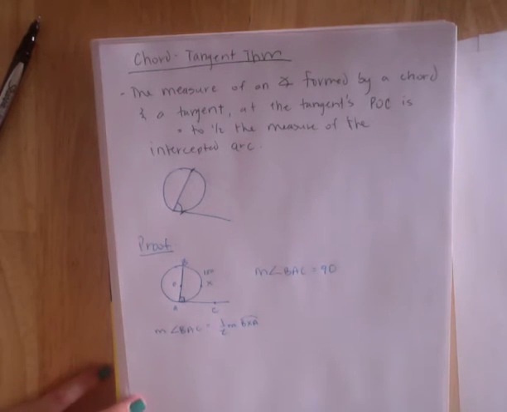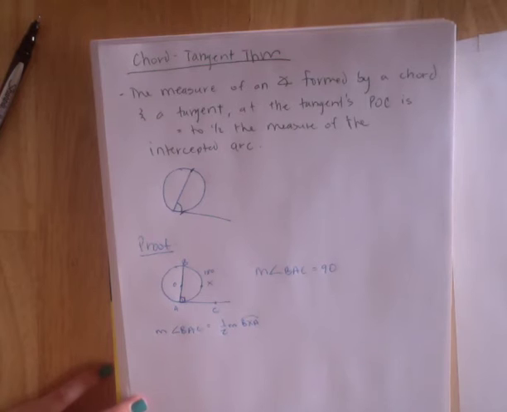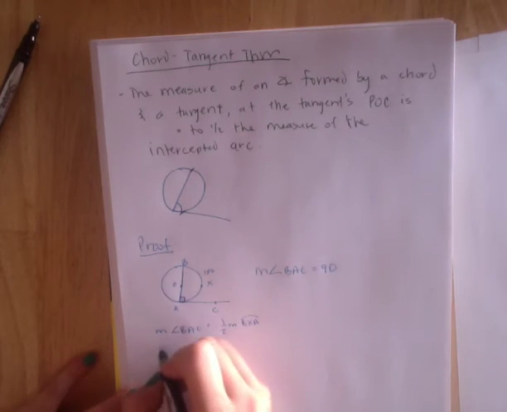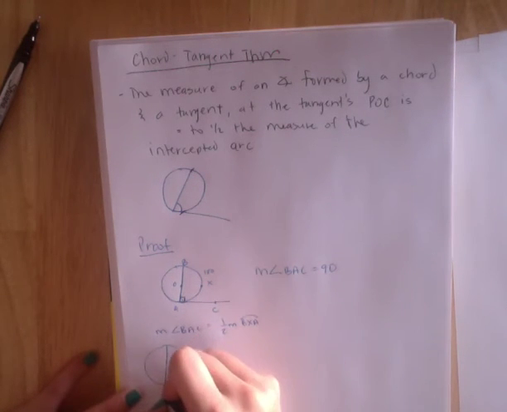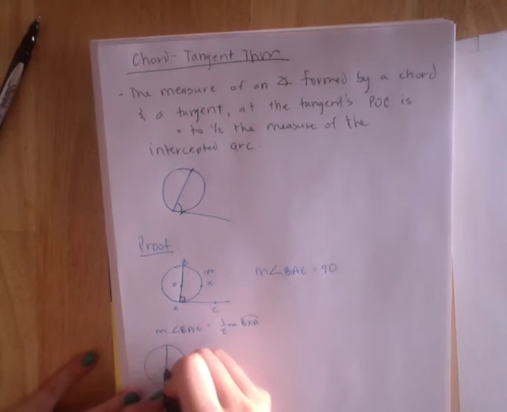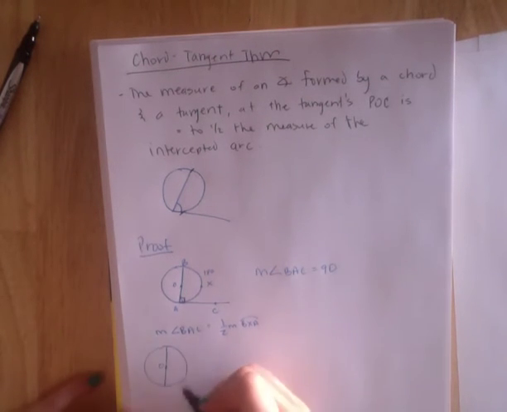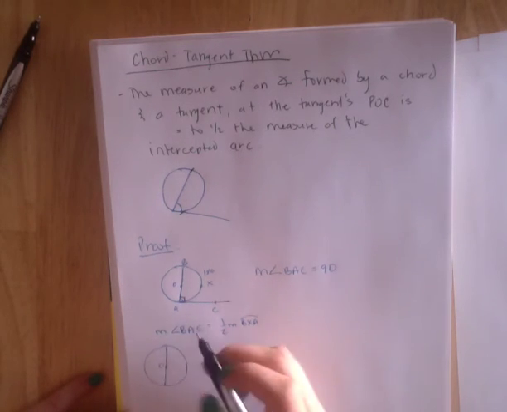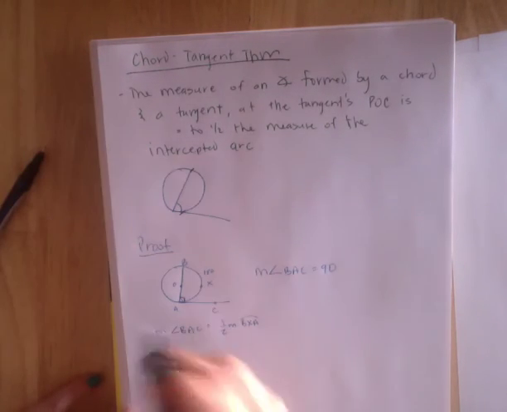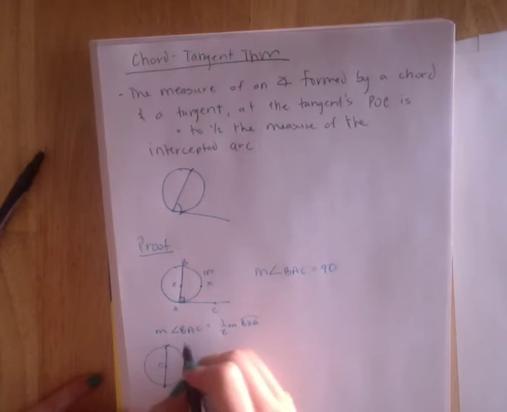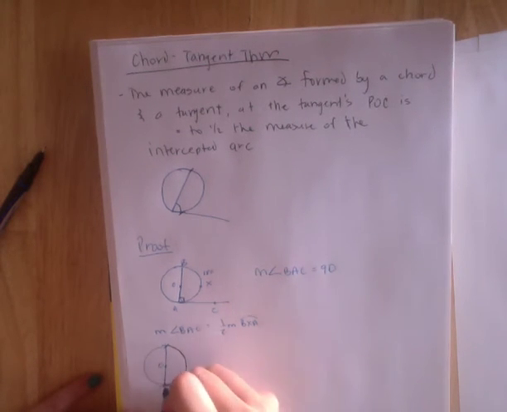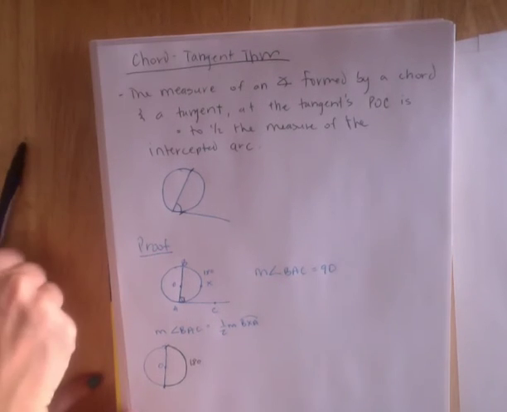Now, if we're going to write an arc, we draw it with a little rainbow over it. In a circle, if I have a diameter through the center of my circle, then since it's a diameter, half of my circle is over here, half is over here, which tells me that this arc is 180.